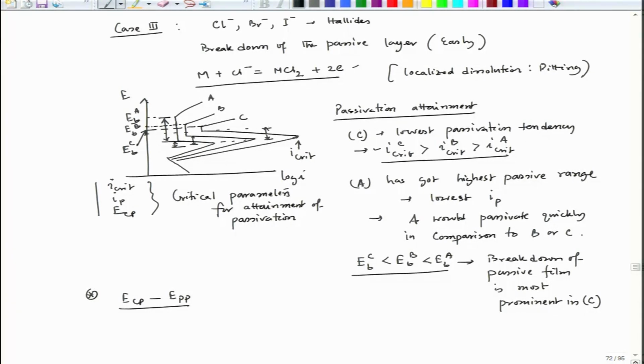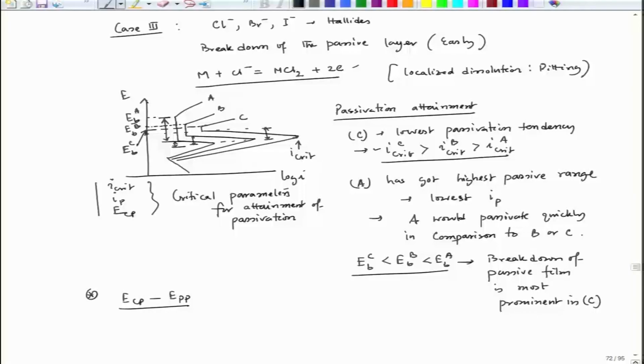Now, what does it mean? That in order to get to the passive region, that means in order to attain that IP, I have to go to a much higher polarization before we could achieve that passivity. Now, why is this breakdown happening at an earlier state?